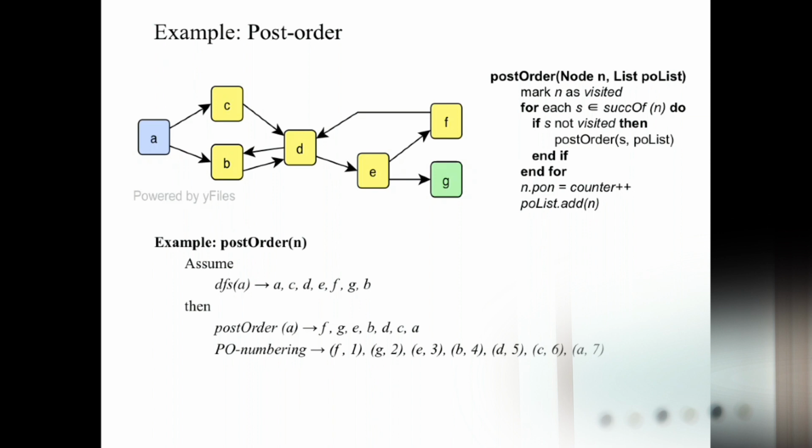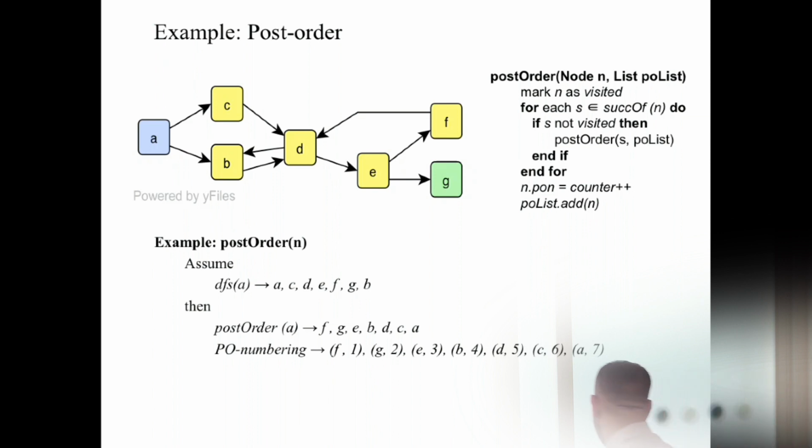Also, for both depth first and post order, it's important to have a starting node from where you start, and depending on the path that you choose, you can have different depth first orders.